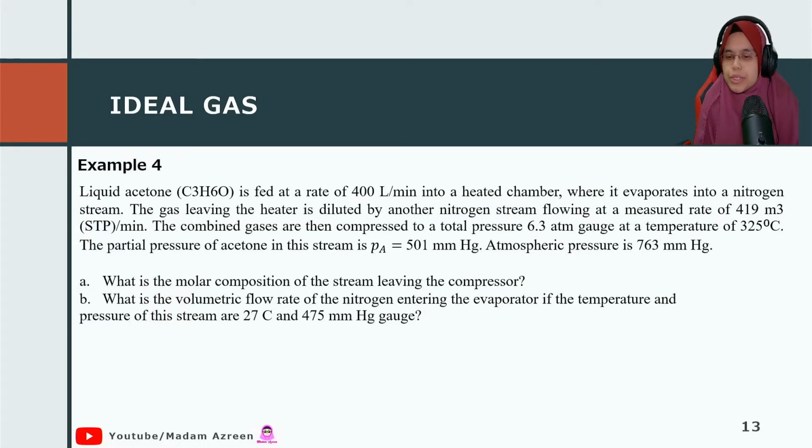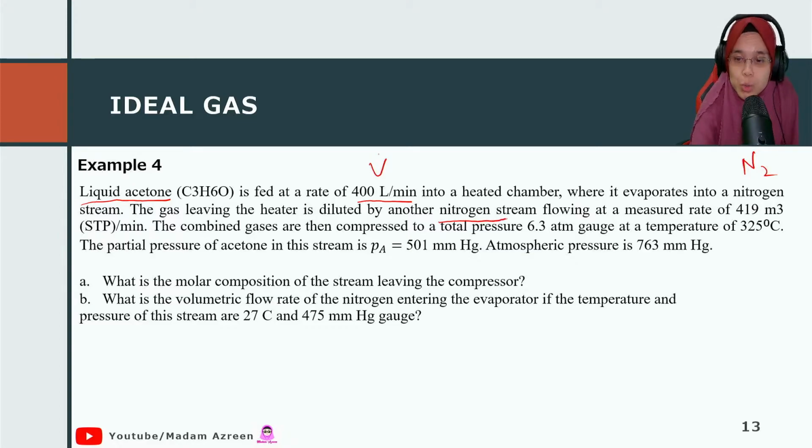So in this example, we have acetone as a liquid. Liquid acetone is fed at a rate of 400 liters per minute. So this is a volumetric flow rate. It goes into a heated chamber where it is vaporized into a nitrogen stream. Here we have a nitrogen here. So the gas leaving the heater is diluted by another nitrogen stream.